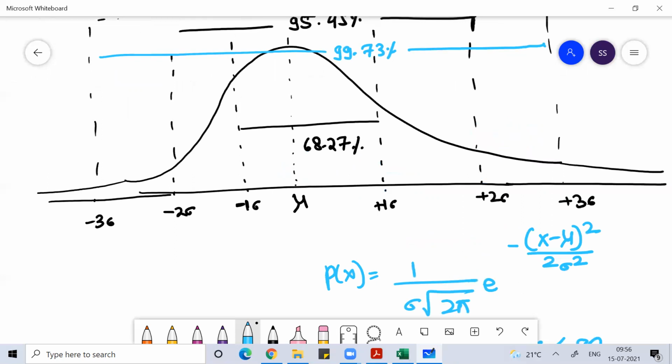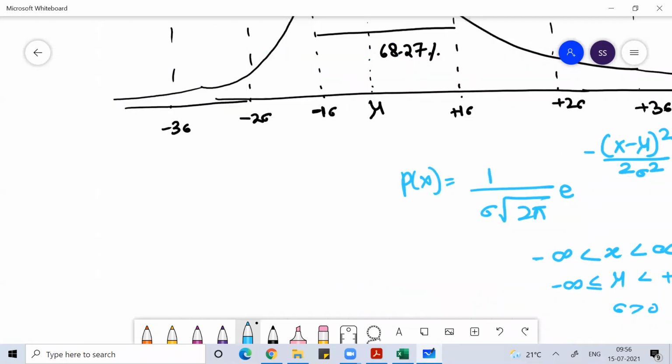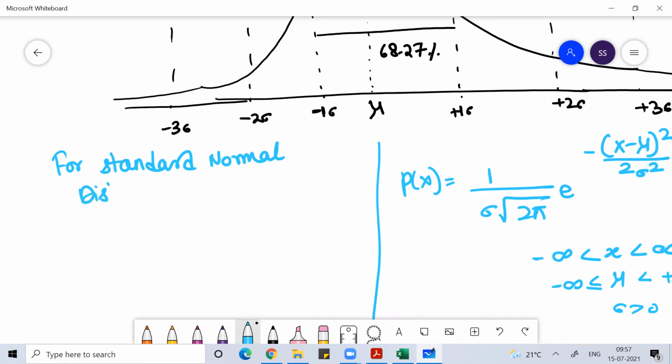When we talk about the standard normal distribution curve, guys, in the case of the standard normal distribution curve, your mean will be 0 and your sigma will be equal to 1. Please understand that for a standard normal distribution curve, your mean will be equal to 0 and your sigma will be equal to 1.